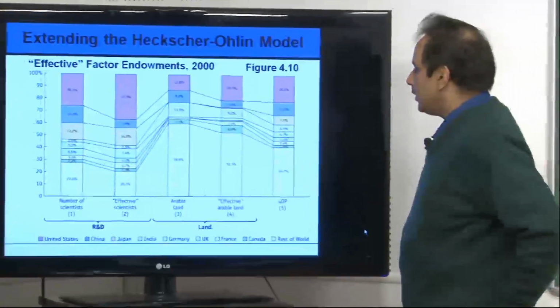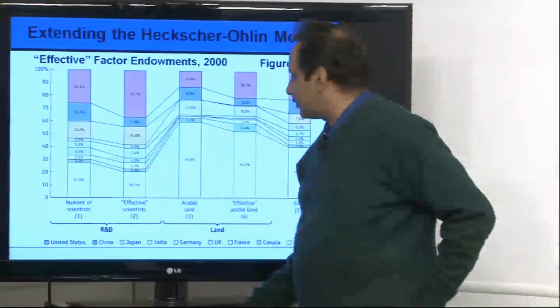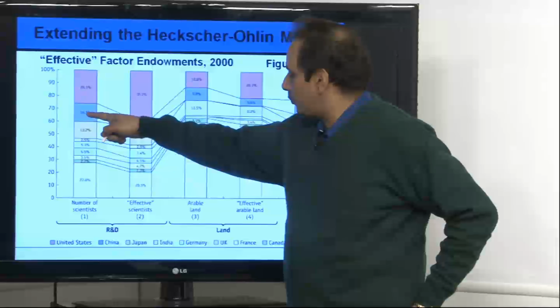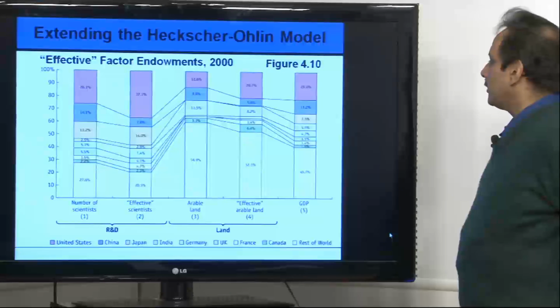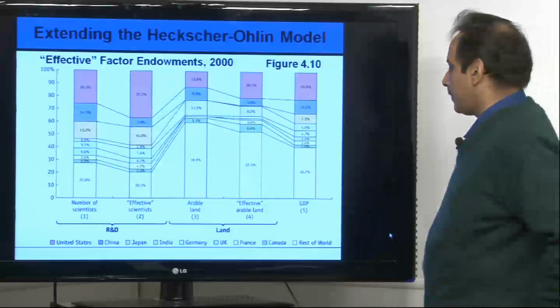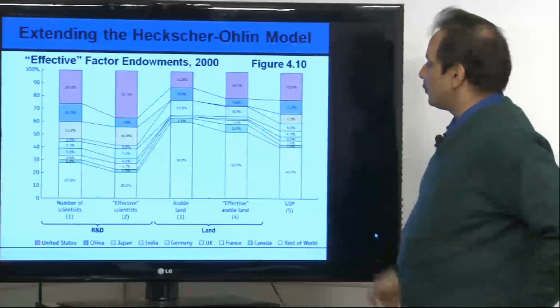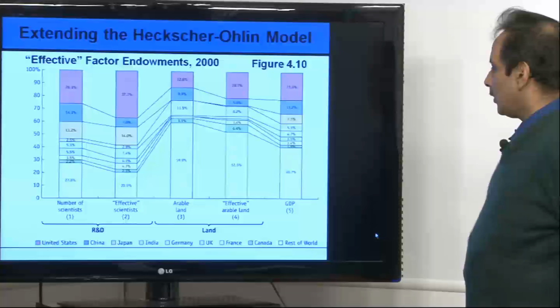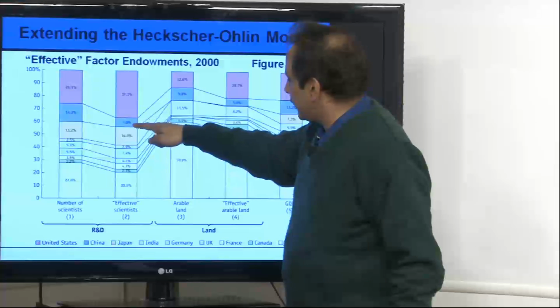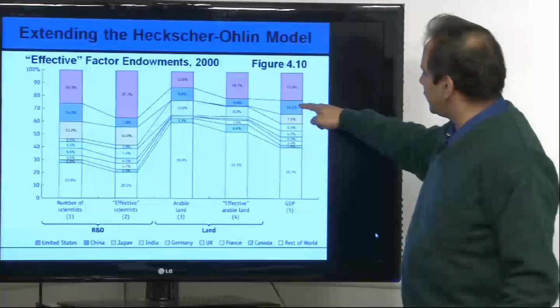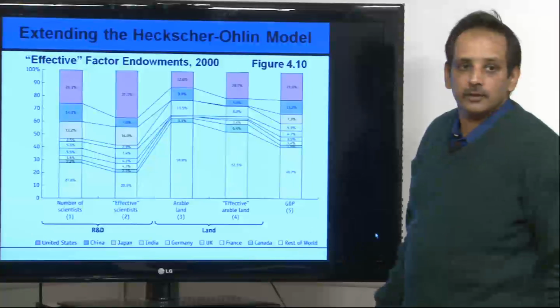You can see the number of scientists. For China, it works out to be 14.1, and its GDP share is 11.2. That is the number of scientists, but if you look at the effective scientists, it works out to be 7%, and its GDP share is 11.2%.